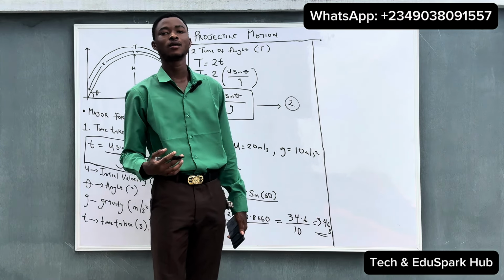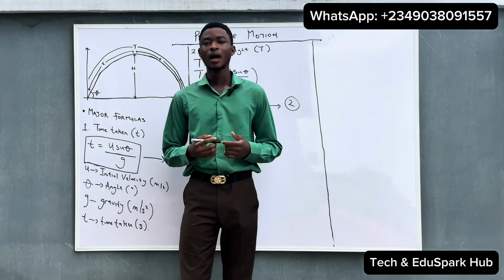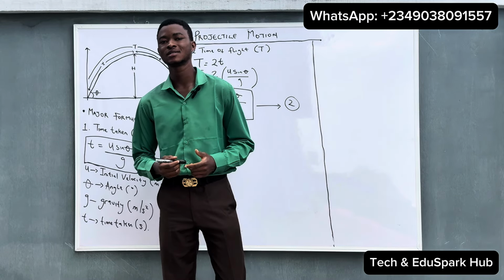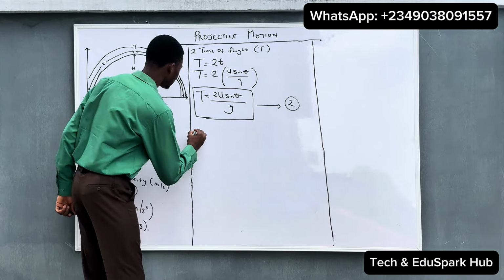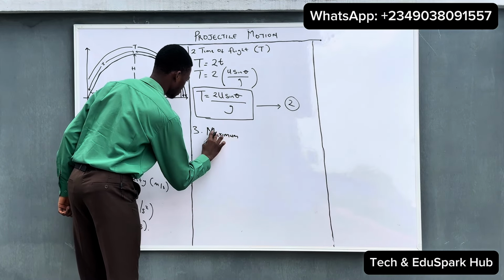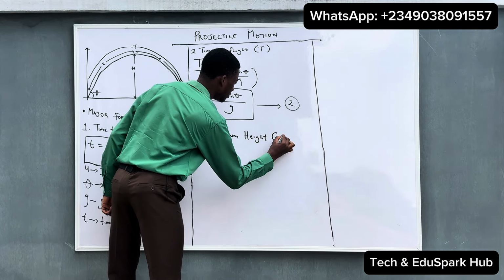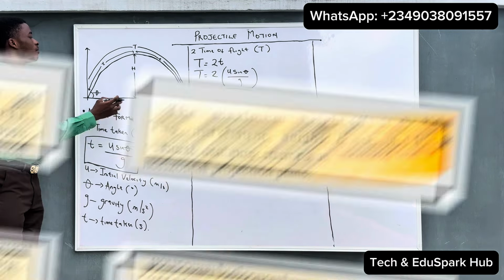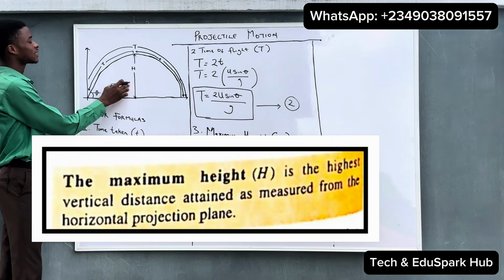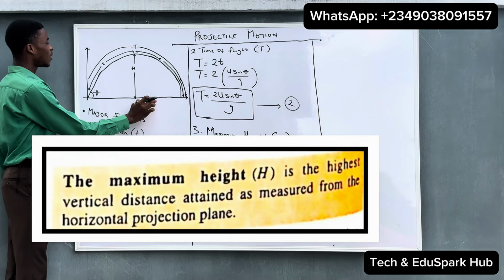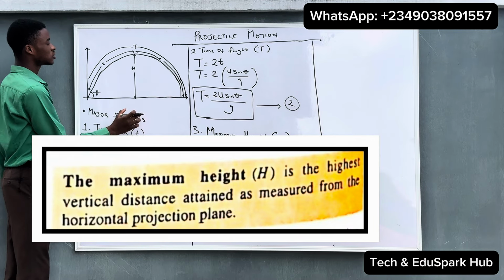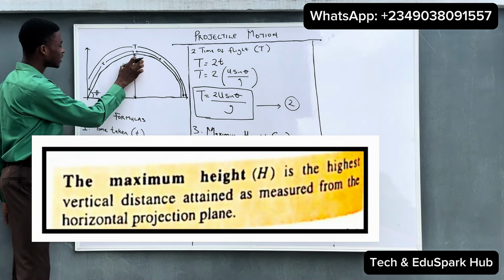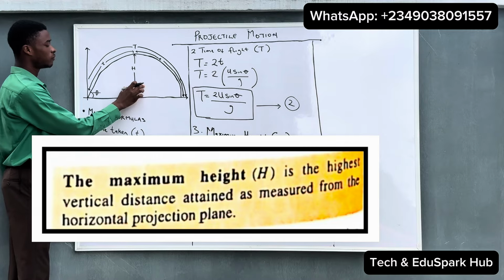So let's move to another formula under projectile motion. The third formula that we have under projectile motion is known as the maximum height, denoted as the big H. By definition, the maximum height is the highest vertical distance from the horizontal plane of projection.